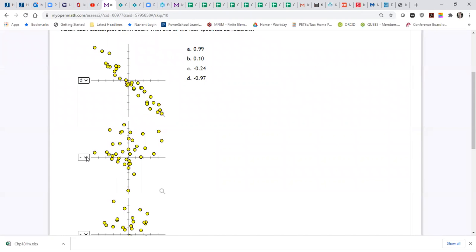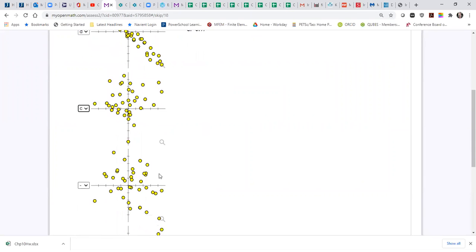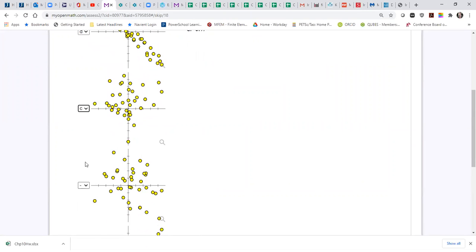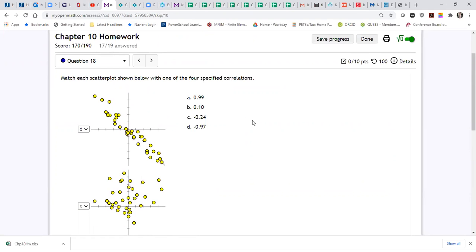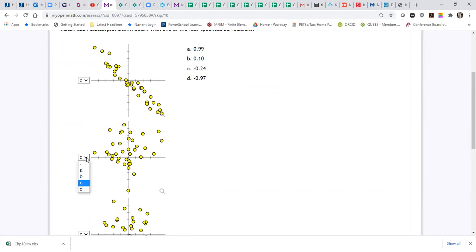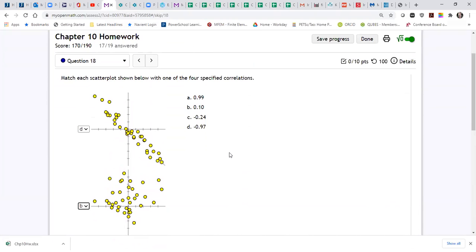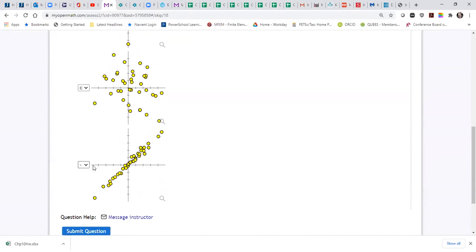Negative close to 0 will be C. Oh, sorry, I think this one tends to go to the right, so I think this one is the C. And this one should be the B, close to 0, but from the left to the right it moves up. So this is the B. And the last one will be the A, which has strong and positive correlation.